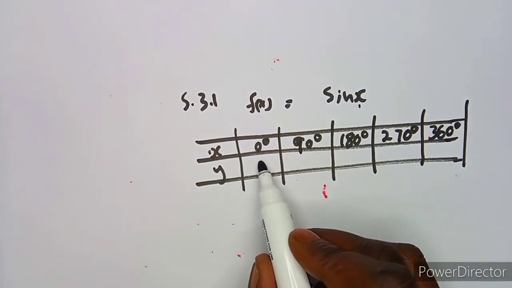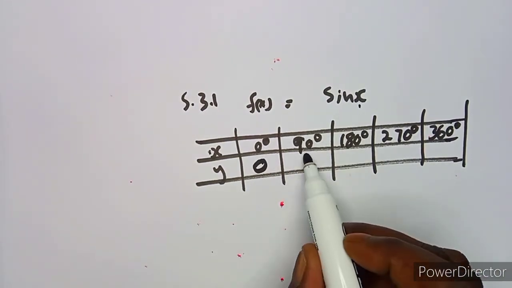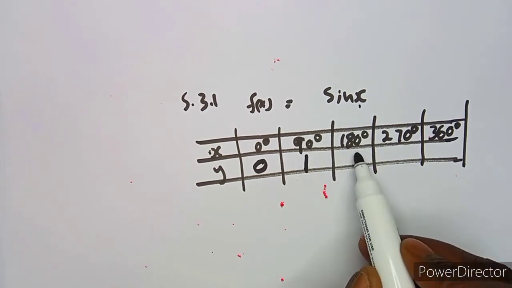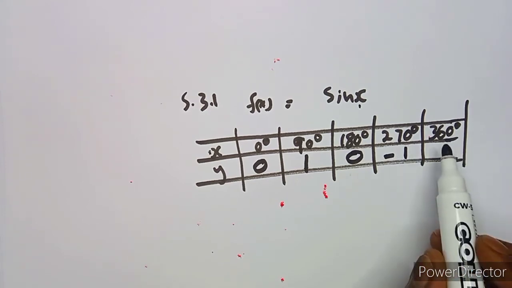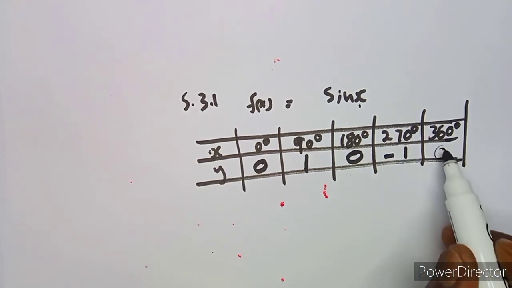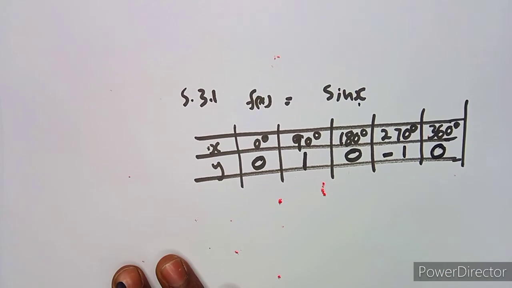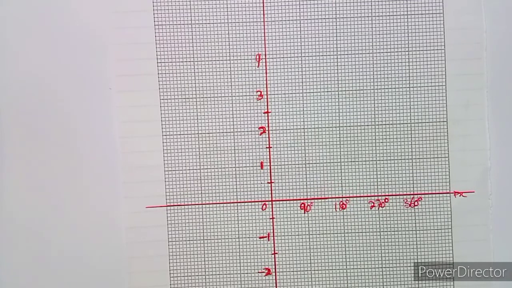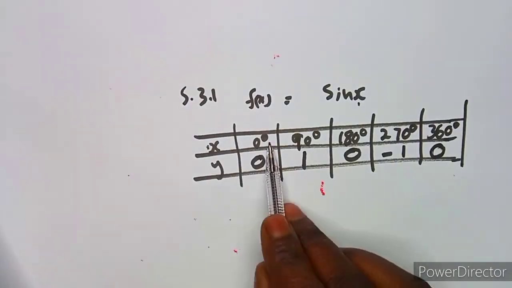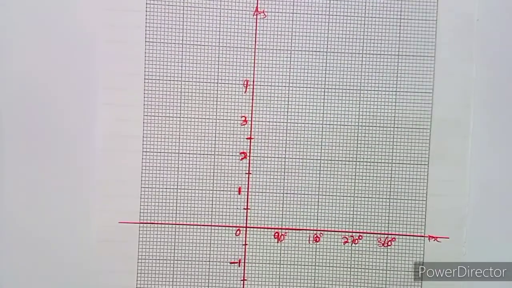Sine 0 is going to give you a 0. Sine 90, that's 1. Sine 180, that's 0. Sine 270 minus 1. Sine 360, that's a 0 there. So you can actually have it like this. So this one, we are just going to mark our points here, that's 0 versus 0 here, which is at this point.